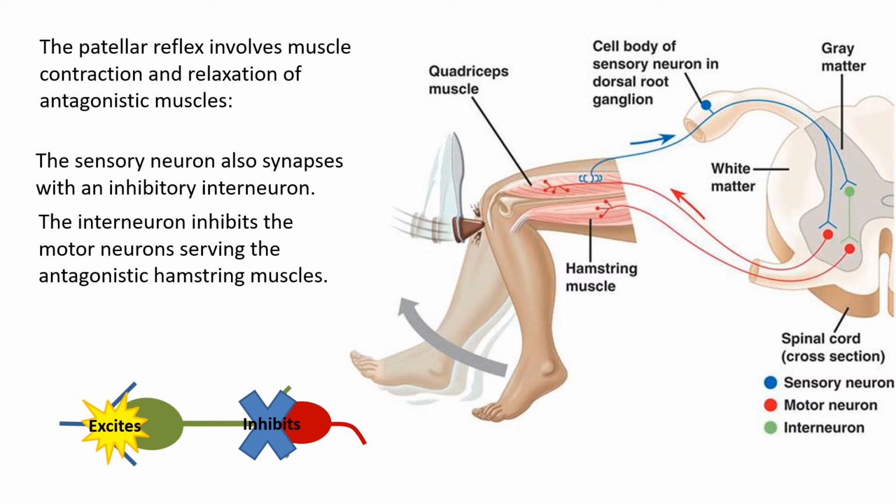We'll talk a little bit more about that later. But at one end of our interneuron, the afferent end, we're having the interneuron being excited because otherwise it'll just sit there fast asleep. But at the other end, what it does, it inhibits the motor neuron that's going to the hamstrings, making sure they stay nice and relaxed. This causes the hamstrings to relax, and of course, while the quadriceps are contracting, that will allow the knee to extend.